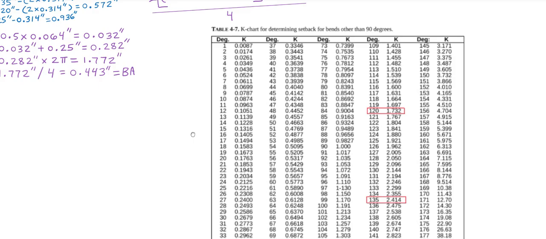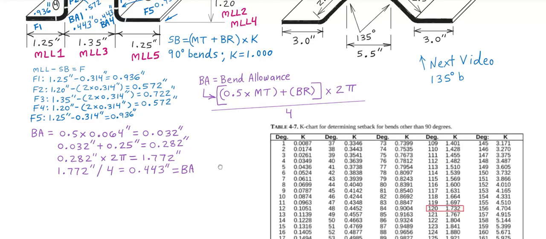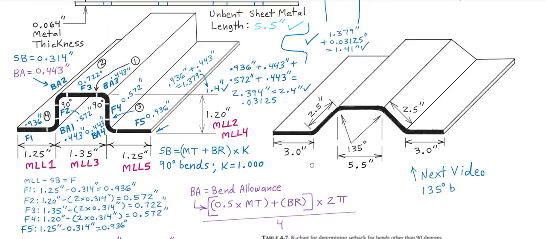There's usually a K chart in the structural fabrication shop. So you'd go down here to 135 degrees, and that's 2.414. And then you would apply it into the setback equation to calculate what the setback is from these mold line lines.